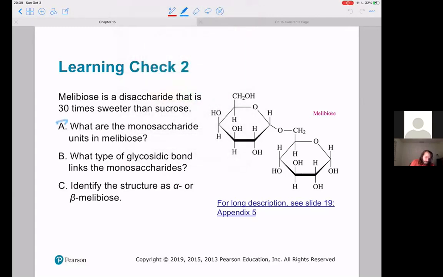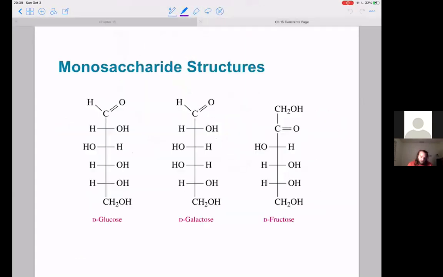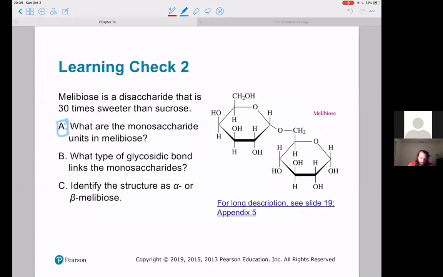As far as A goes, this would involve your constants page. And one of the things that you would have done before, I don't remember if it was the last lecture or the one before, was to take all of these Fischer projections and convert them into Haworth projections.